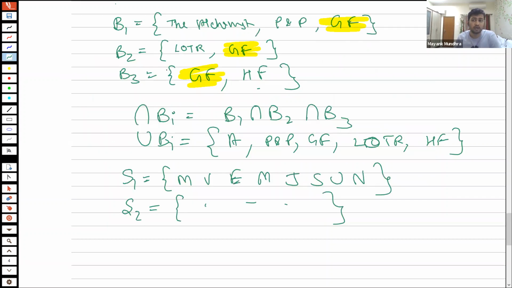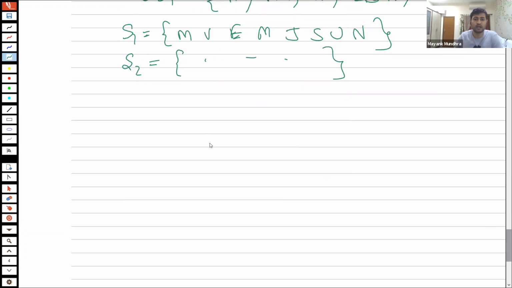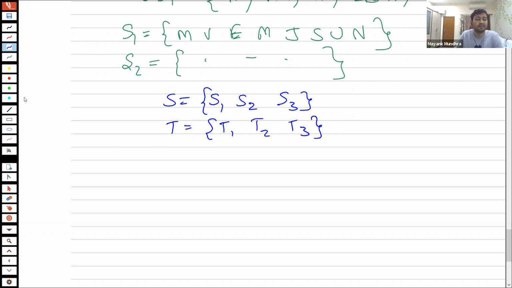So suppose when I travel to Goa, I have carried my shirts. The set of shirts I carry is shirt 1, shirt 2, and shirt 3. And the set of shorts or trousers which I've carried is trouser 1, trouser 2, trouser 3. Now, what is the set of all combinations that I can wear?